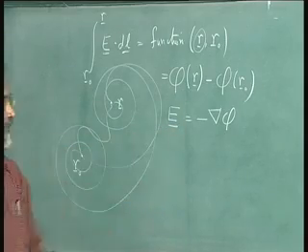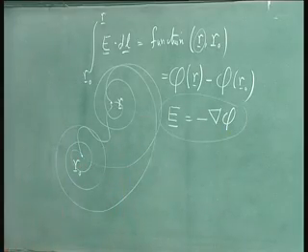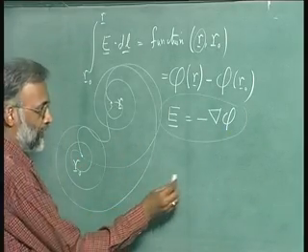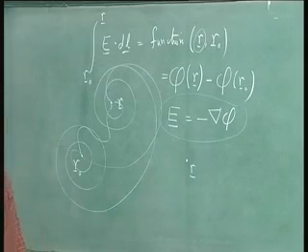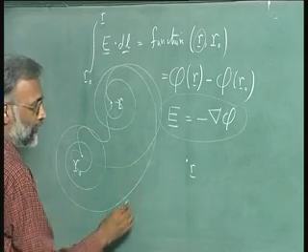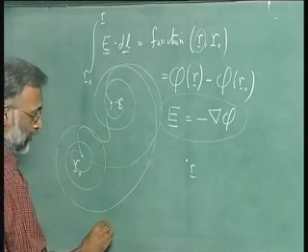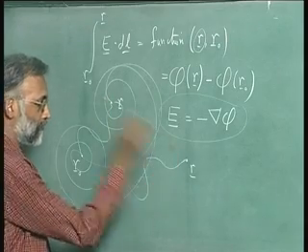The way we showed this was to say the following: I have a point r, and the electrostatic potential at this point is got by going from some reference location through some path to r.